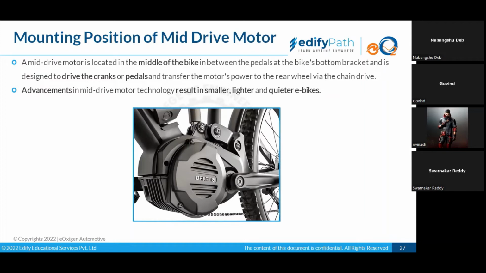Say if the tire is 10-inch or 12-inch diameter, then your motor has to be 10-inch or 12-inch. And if you are using it for a bike, then it has to be accordingly, mostly 18-inch. That makes the hub motor bigger and also costlier. So if you are using a mid drive, it could be smaller, a bit cheaper, lighter, and also quieter.